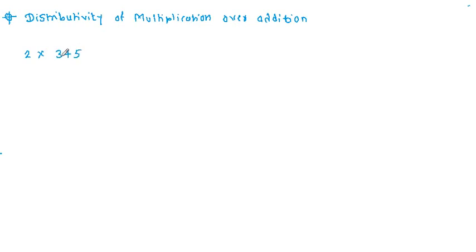So 3 plus 5 has a bracket. So how to solve this? Using this property, we can multiply 2 into 3 first and then add 2 into 5. So we can write 2 into 3 plus 2 into 5. So by using this property, we can do calculation easily.